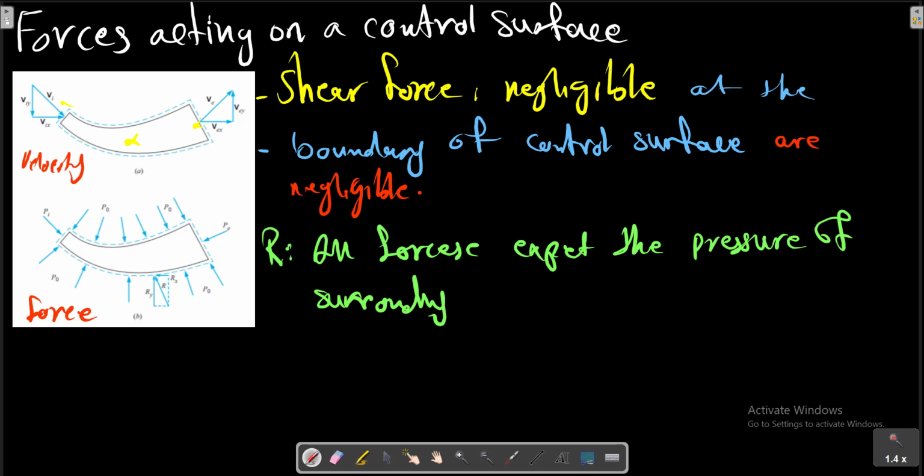The pressure of the surroundings, P0, acts on the entire boundary as shown in the picture, except at the inlet and outlet where the fluid crosses the control surface. Pi and Pe represent the absolute pressures at these points.